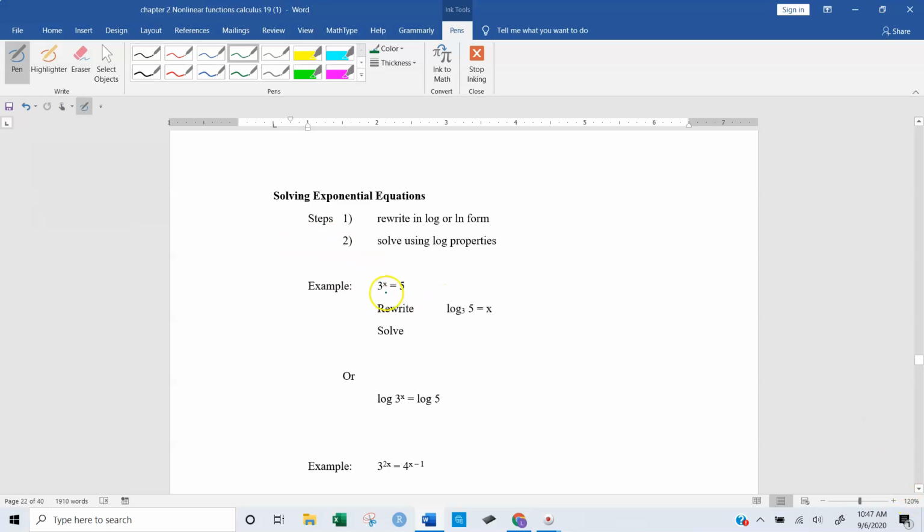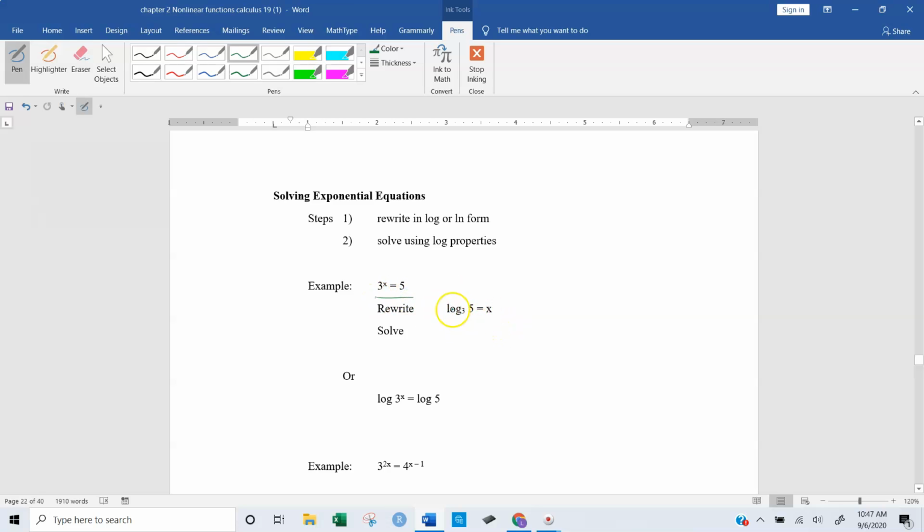Okay, we need to solve this for x. So the first thing we do is we rewrite this because I need to get this x out of the exponent. So you can rewrite it like this, which is fine, and then solve it for x. So we know this is, oh, I can't solve for x. It puts me back where I am, right?